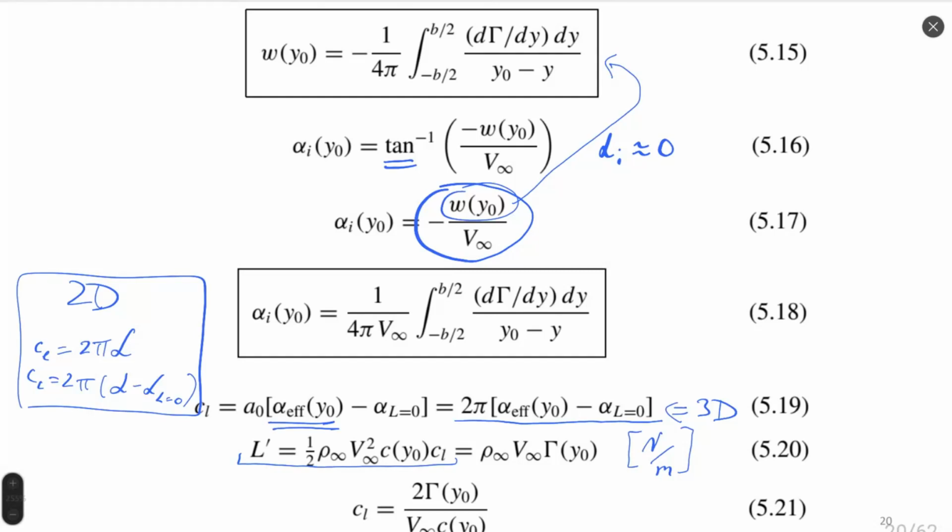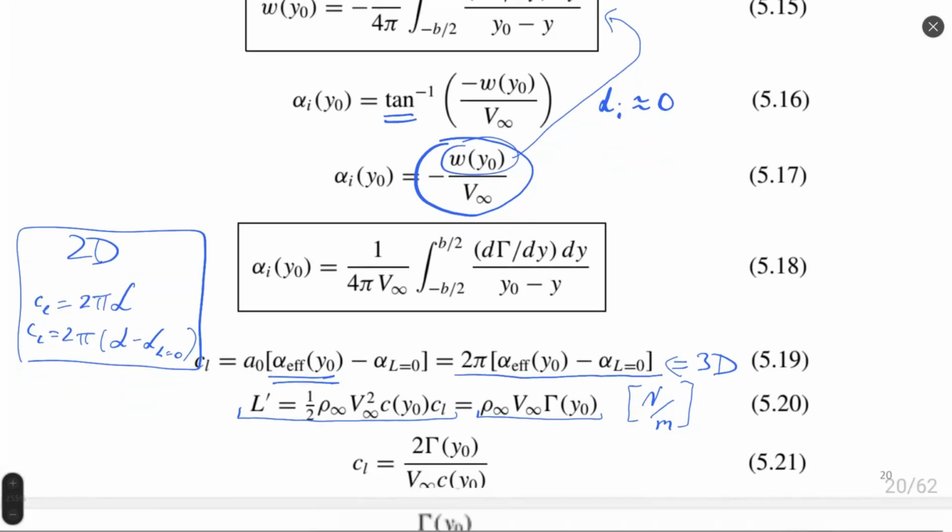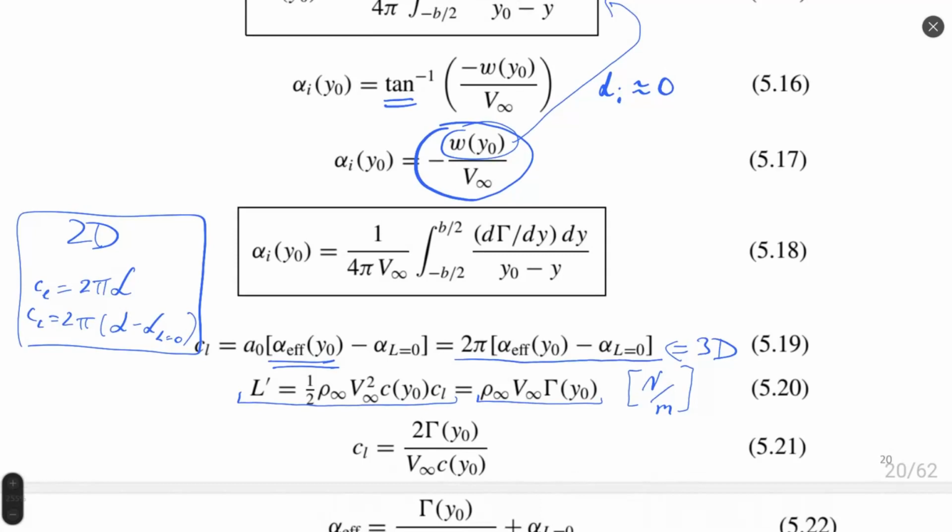And the same we can do according to the Kutta-Zhukovsky theorem, right part of equation 20 that I wrote on my previous slide. Density multiplied by velocity multiplied by circulation gives lift. Okay, and lift coefficient can be calculated as a function of circulation.